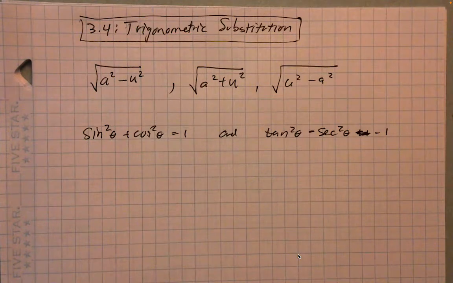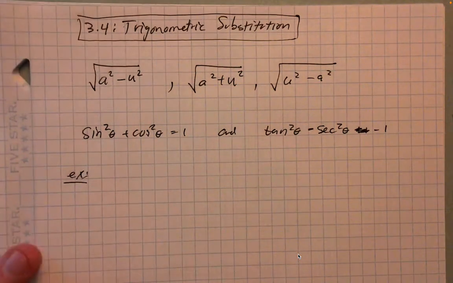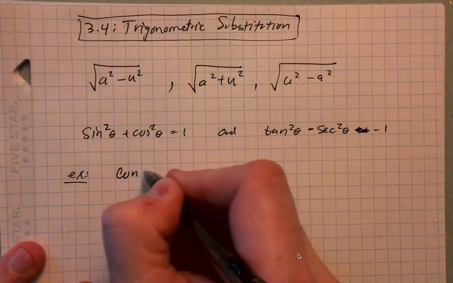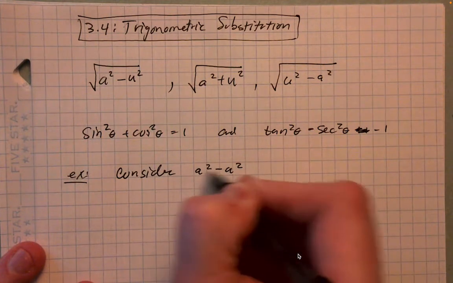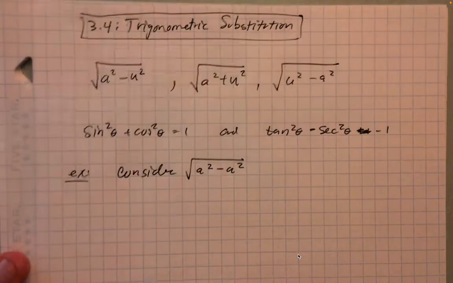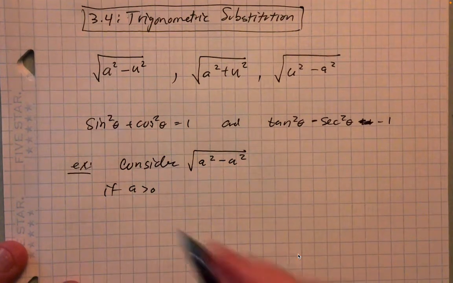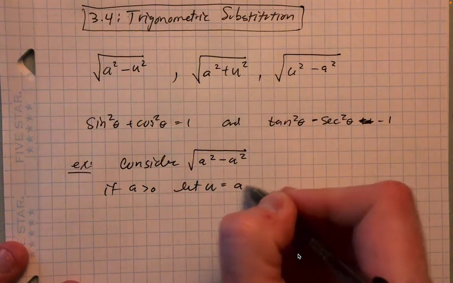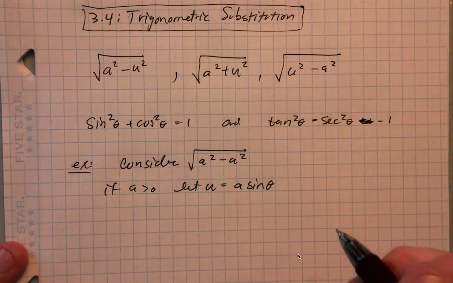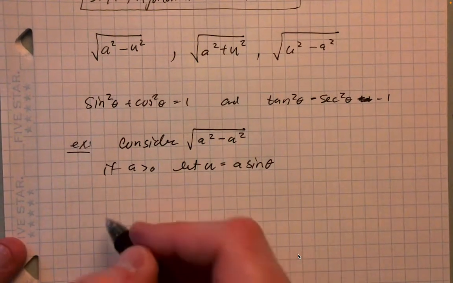Okay, so here's a kind of motivating example. Consider this guy: the square root of a squared minus u squared. Right, so if a is greater than 0, we can let u equal a times the sine of theta. And so notice what happens when we make this substitution.